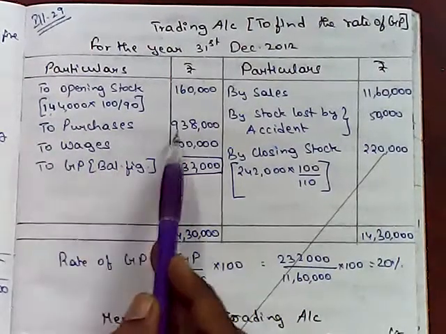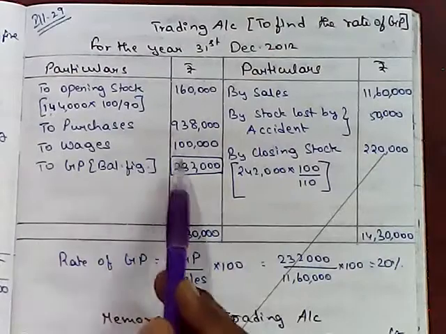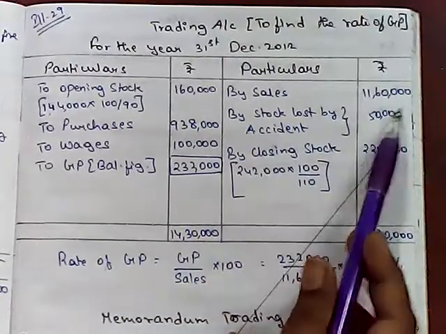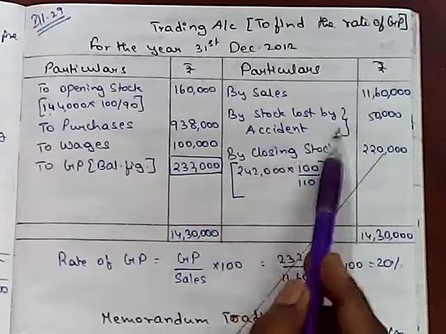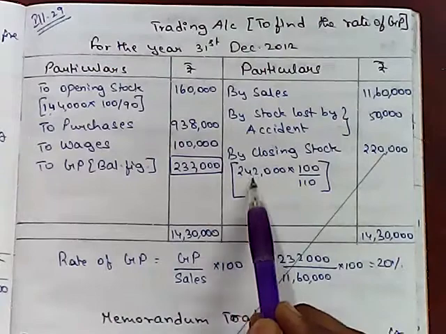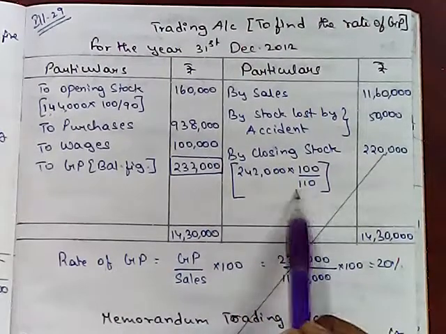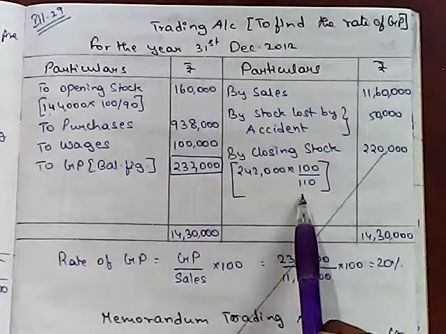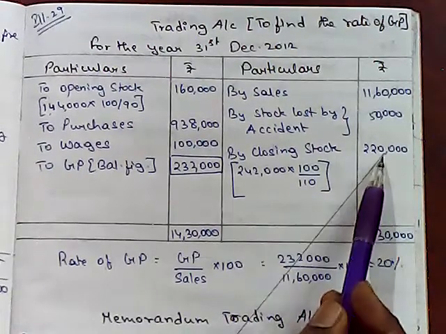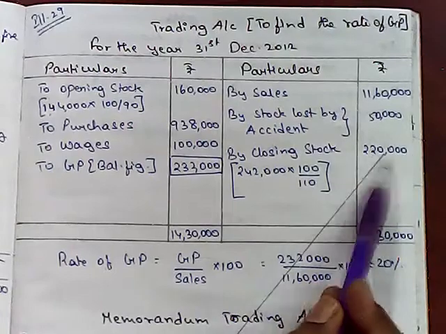To purchases 9,38,000 given, to wages 1 lakh given. Then on the credit side we have by sales 11,60,000, by stock lost by accident 50,000, and by closing stock, which is 2,42,000 into 100 by 110, because it is given in the question that there will be an increase of 10%. So we get 2,20,000 as closing stock.